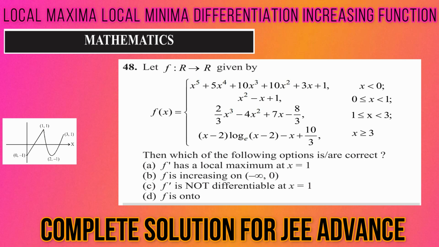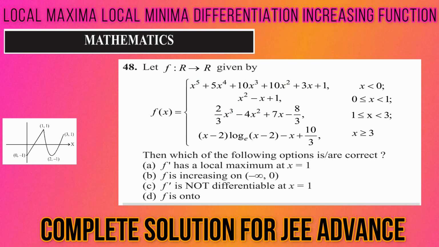When x is strictly less than 0, the function is x raised to 5 plus 5x raised to 4 plus 10x cube plus 10x square plus 3x plus 1. This is the first function, defined for x strictly less than 0. The second function is defined for 0 less than or equal to x and strictly less than 1, and it is x square minus x plus 1.